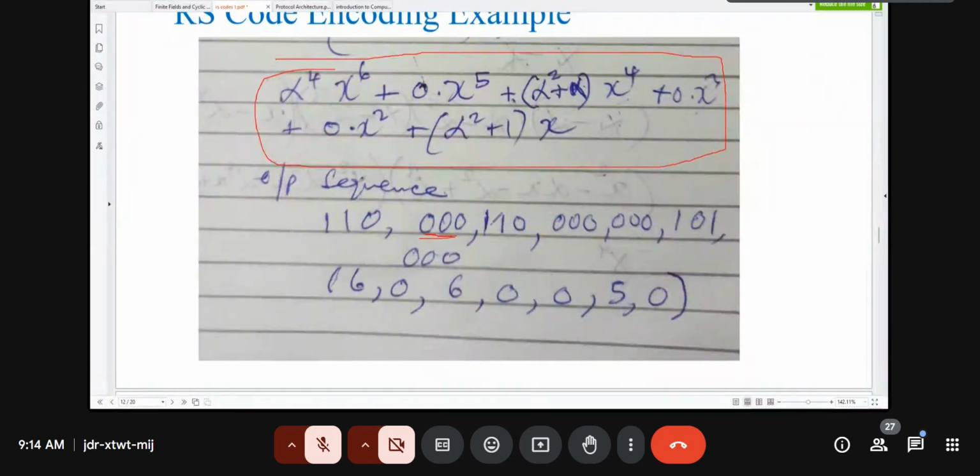I hope everybody by now understands how we are getting this. Yeah, it's supposed to be 6-bit. There are supposed to be 6 symbols, and each symbol is supposed to be the coefficients of this polynomial, and the coefficients are in this form.